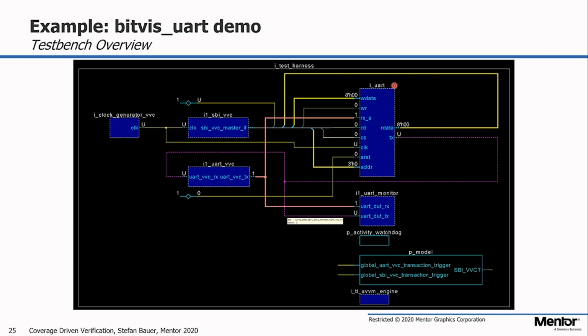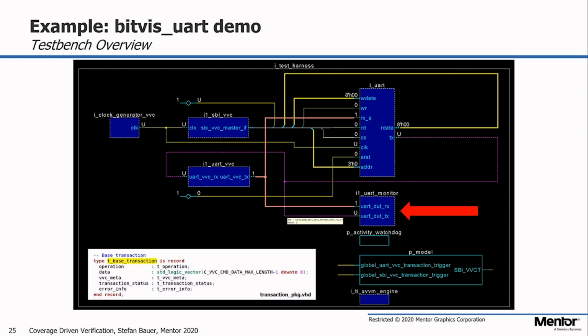You have the DUT, I_UART, and you have two VVCs, one for the SBI and another one for the UART. The UART VVC can transmit data to the DUT, and it can receive data from the DUT. The reason why I took the UVVM UART example is that it also includes a monitor, and UVVM itself is using transactions.